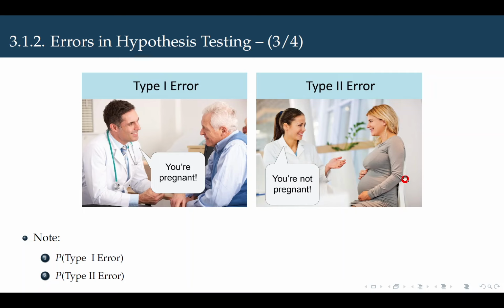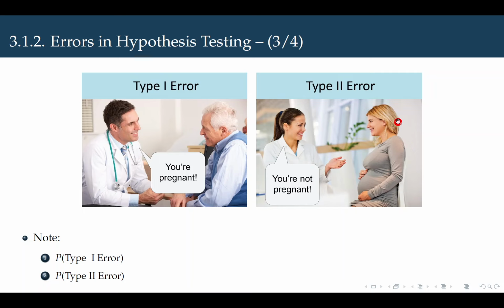On the other hand, here the null hypothesis again states there is no pregnancy. So for this woman, the null hypothesis may not be true. But the doctor says you are not pregnant. That means the doctor fails to reject the null hypothesis, which is actually false for this woman.